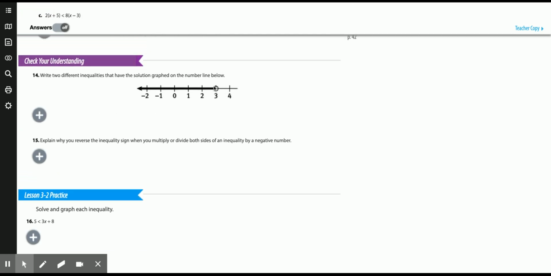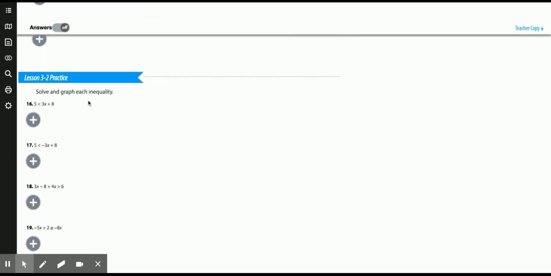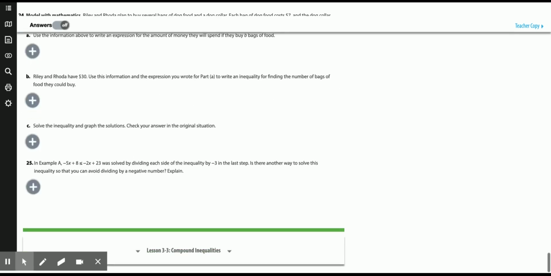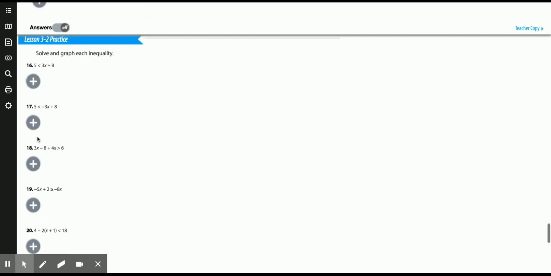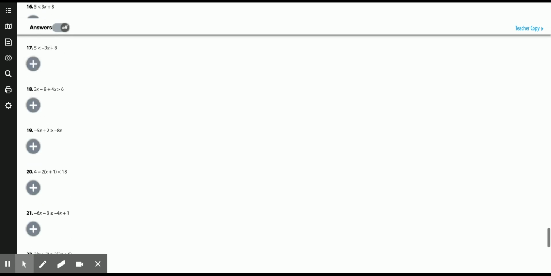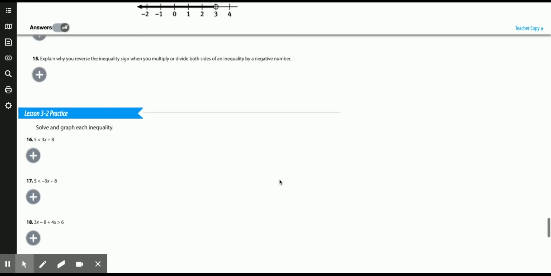You just need to write it two different ways. Same value, but you can write it in two different ways. And then try and solve 16 through, let's just say 20 for right now. 16 through 20. Do those, and that'll be that for this lesson, I believe.